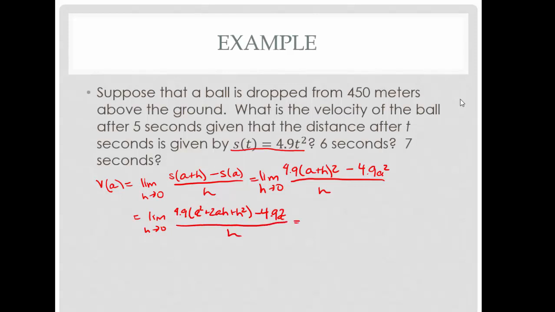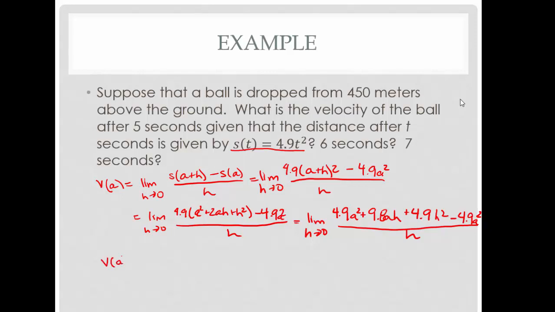When we distribute the 4.9 in, we get the limit as h approaches 0 of 4.9 times a squared plus 9.8ah plus 4.9h squared minus 4.9 times a squared, all over h.